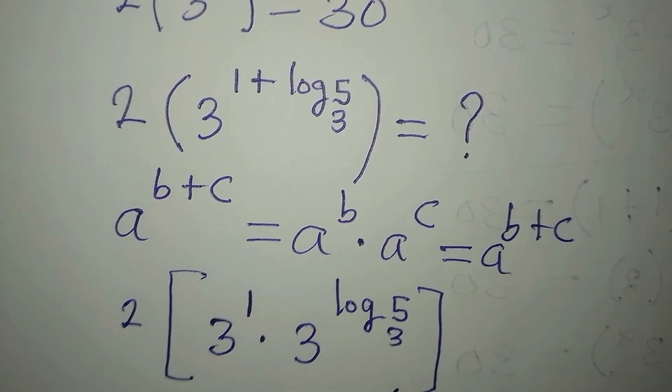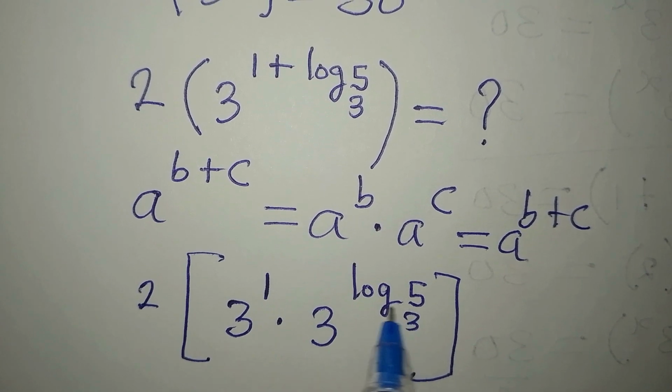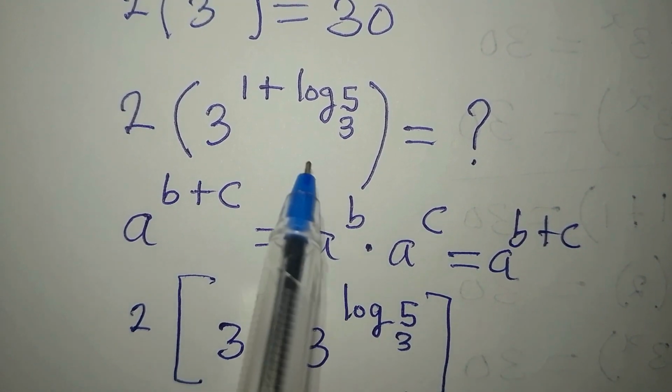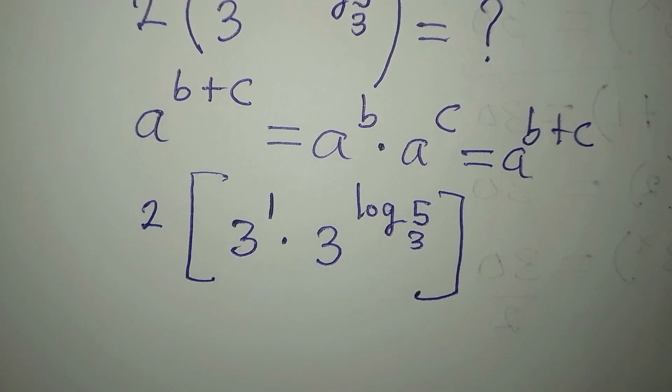So that's from here. If you pick one of the bases, you will add the powers, and that will give you what we have over there. Just look at it very well, you will get it.